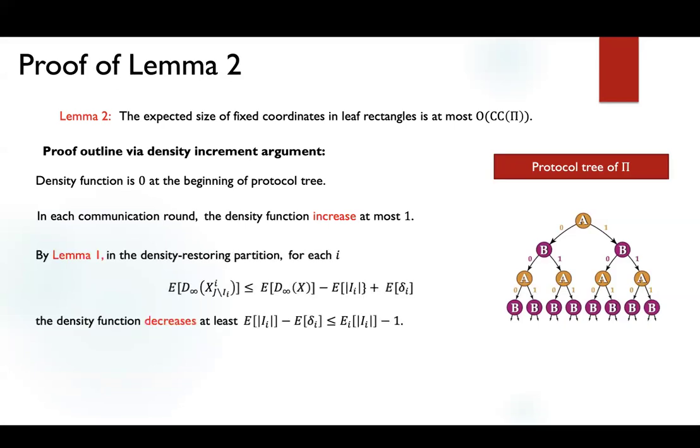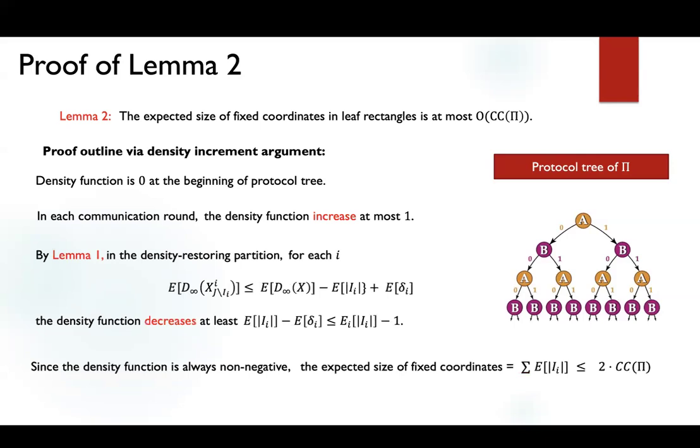By number 1, in the density restricting partition, we have that the density decreases by at least the expected size of fixed quantities minus 1. Since the density function is always non-negative, we have that the total expected size of fixed quantities is upper bounded by 2 times the communication cost of this protocol.